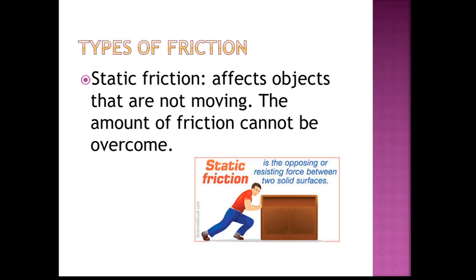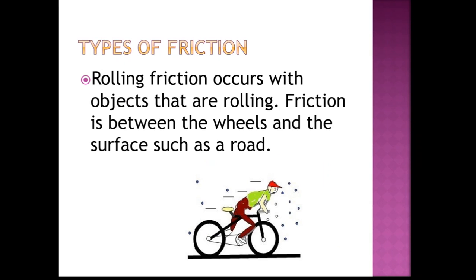So if you have a big heavy piece of furniture you're trying to move, you can't move it because you have so much friction that it cannot be overcome by the force that you're giving it. Okay, there's also rolling friction, and that occurs with objects that are rolling. Imagine that. Okay, and the friction is between the wheels and the surface of the road.